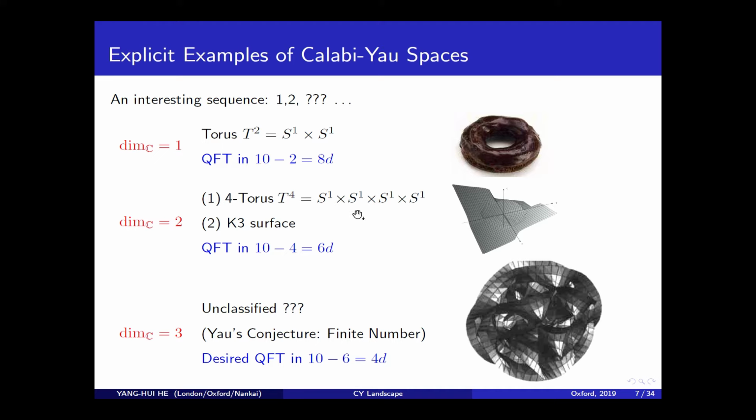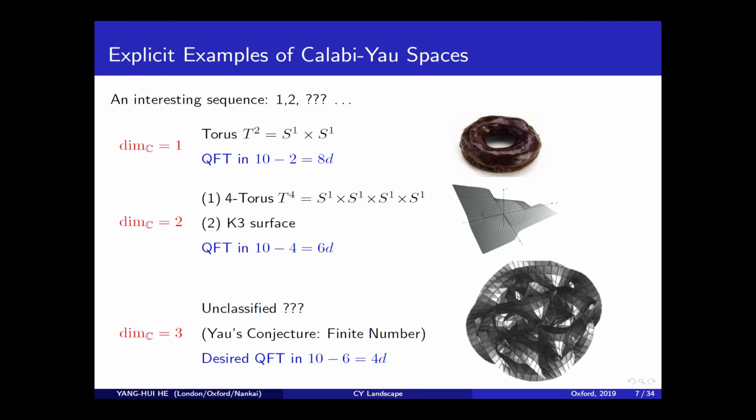Well, here's a very beautiful and curious fact of mathematics. This sequence goes as one of them in complex dimension 1, 2 of them in complex dimension 2, and you would expect there are 3 of them in complex dimension 3. It is just what it is. So far, we have found 473 million of these things, at least.